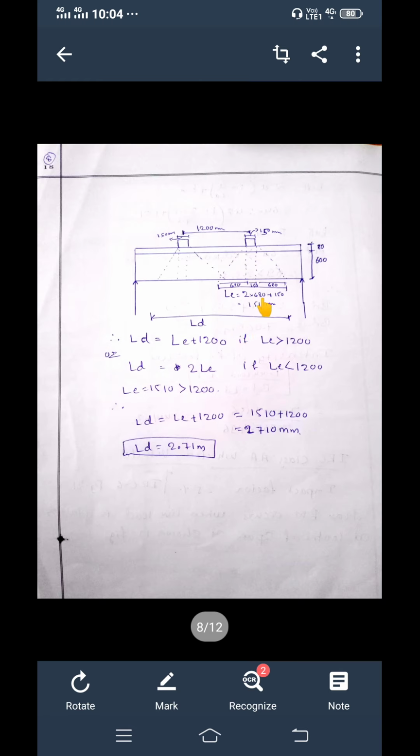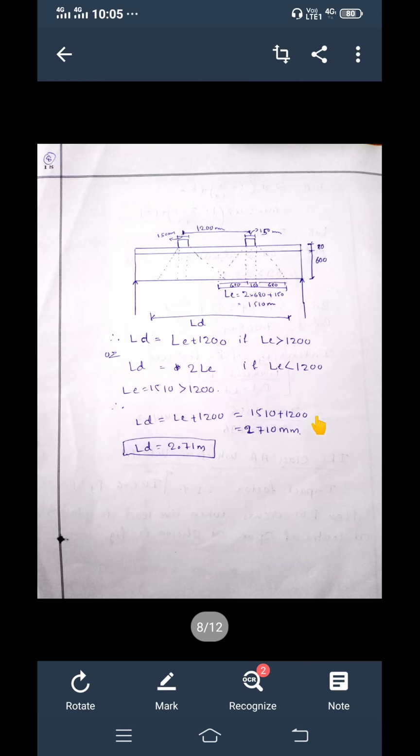In case your LE is less than 1200, what happens at that time? Your LD is equal to 2 times the LE. You will get this condition when the depth of the slab is less than 500, then you will get LE less than 1200.